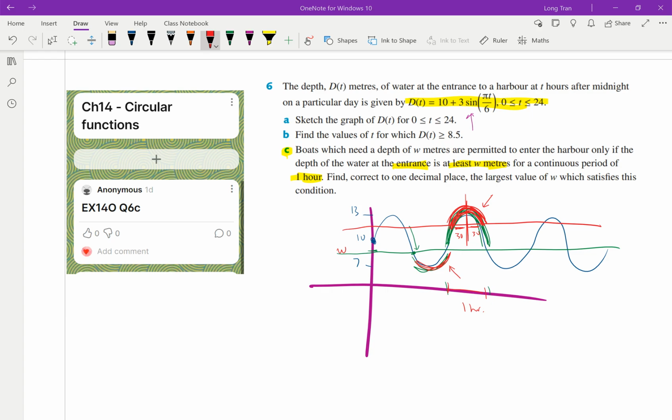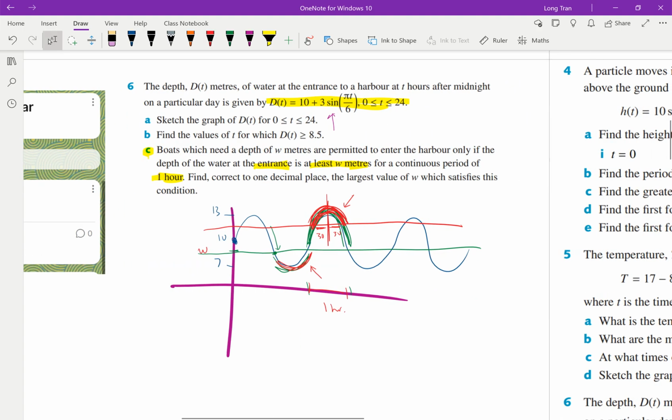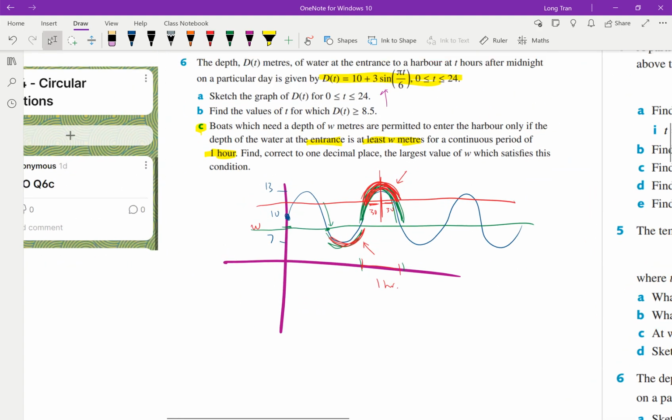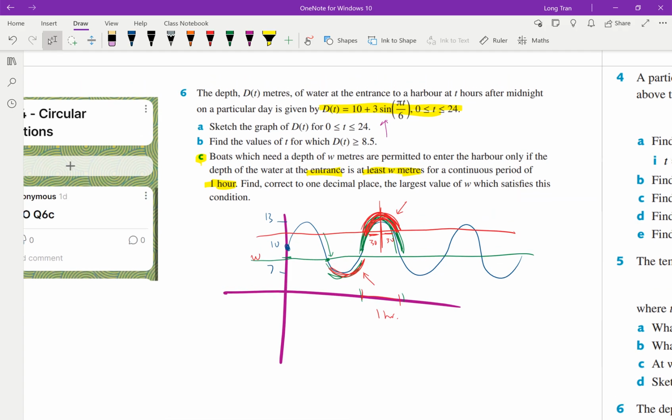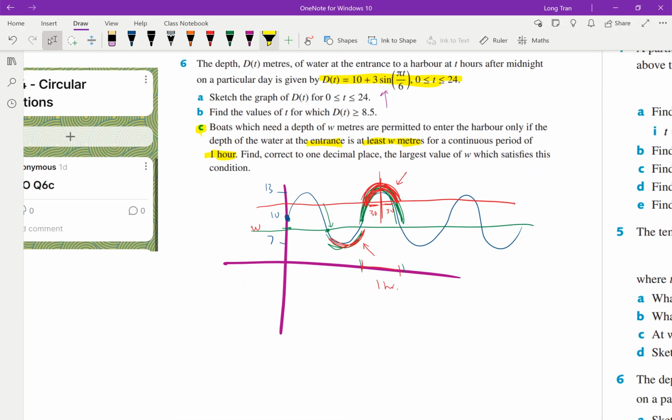So if we're doing C right now, the maximum depth is clearly at 13. So we know that this is how high the entrance of the harbor can get to on any particular day. That's the depth of the water, so 13 meters.